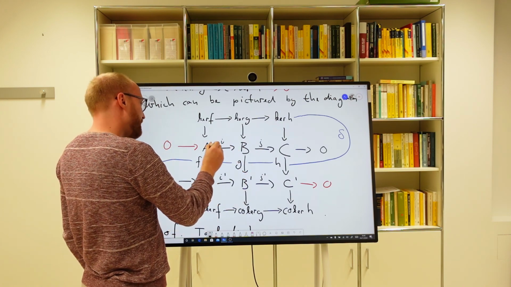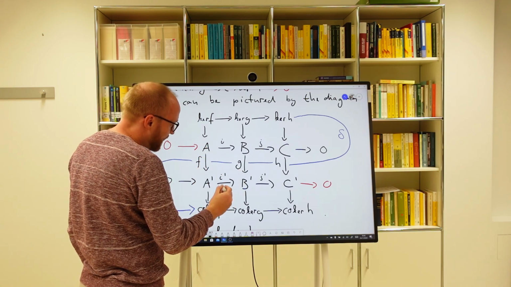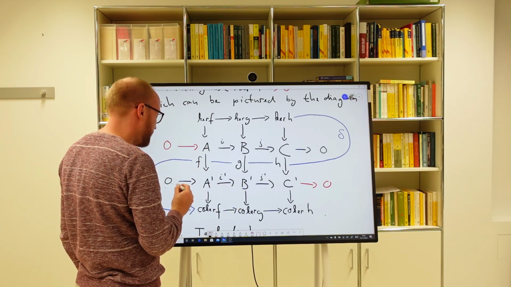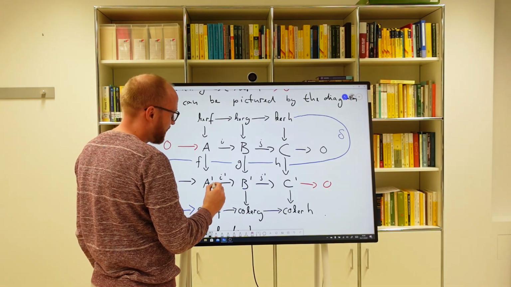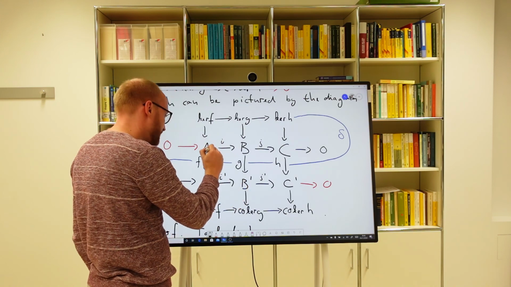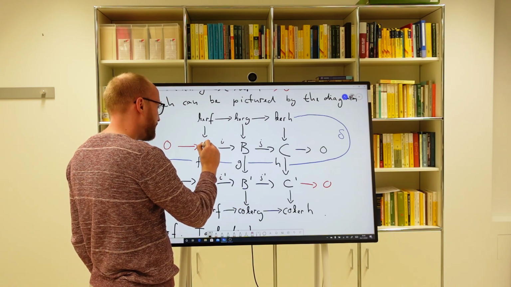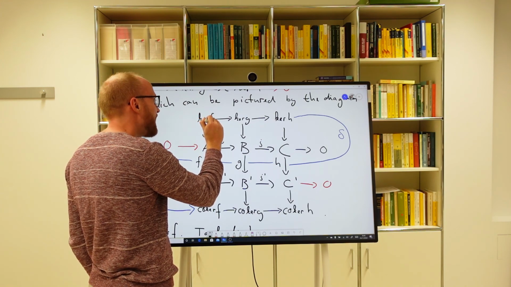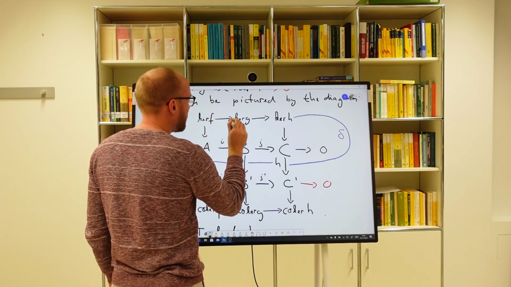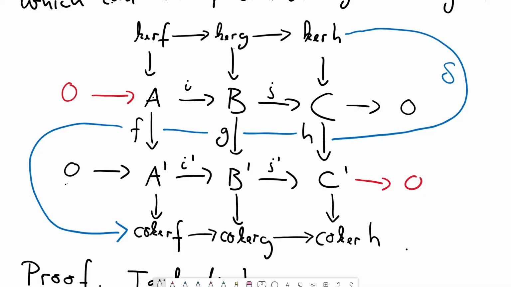So that means the pre-image I have here is mapped to 0 here. But now remember that I prime is an injective map, because of exactness here. And injective maps have the property that they only map a 0 element to 0. So since it's 0 along this composition, it's actually already 0 here, which means this pre-image we got here does actually lie in the kernel of F, and that proves the kernel of this homomorphism is contained in the image of this homomorphism. And this is the other inclusion.